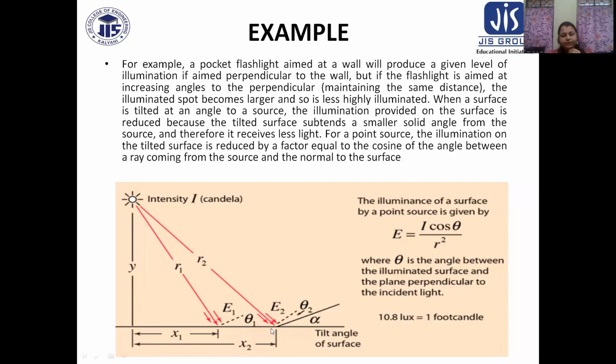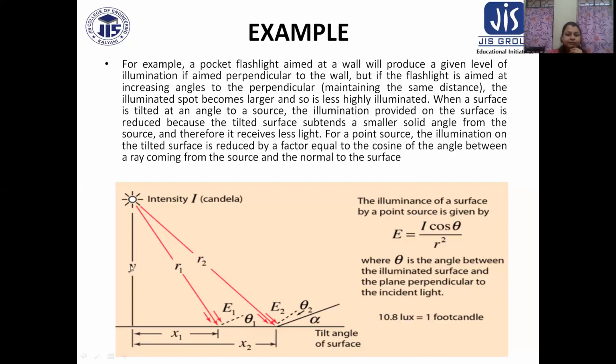This is a point and this is a point where we can see that with an alpha angle, the tilt angle is alpha. That means the surface here is tilted with an angle alpha, and here illumination is E2. But here illumination is E1 because the surface is not tilted here. That means E1 is not equal to E2 obviously because the surface is tilted here, but here it is not tilted.